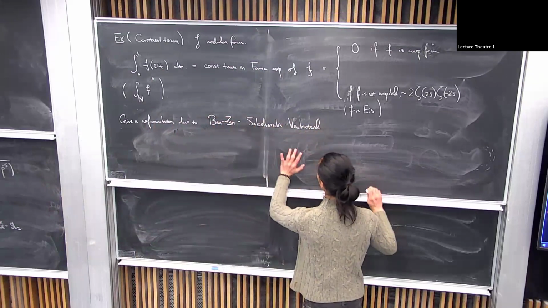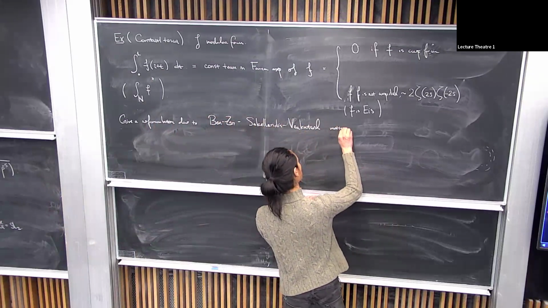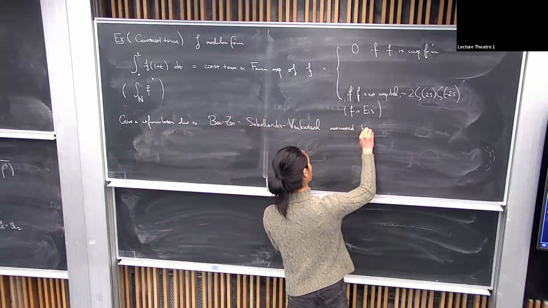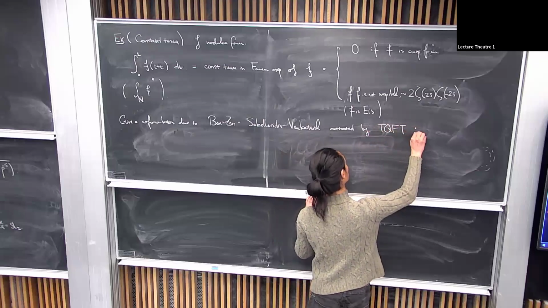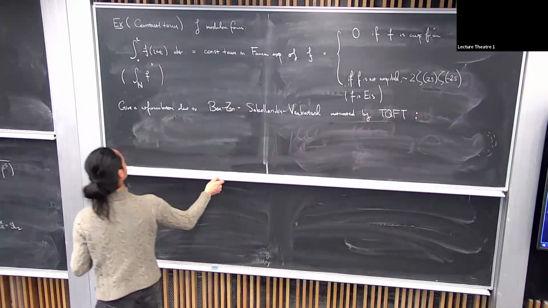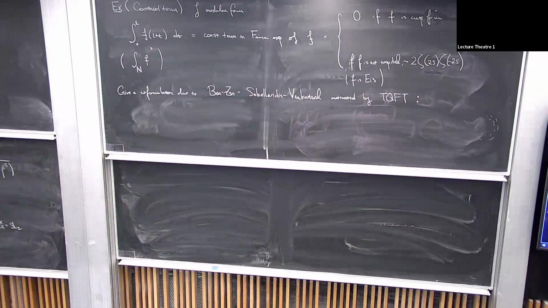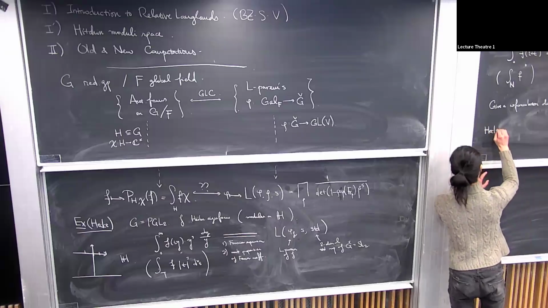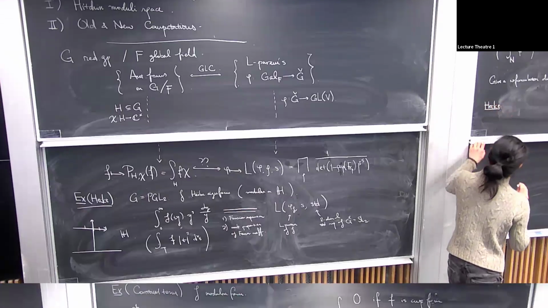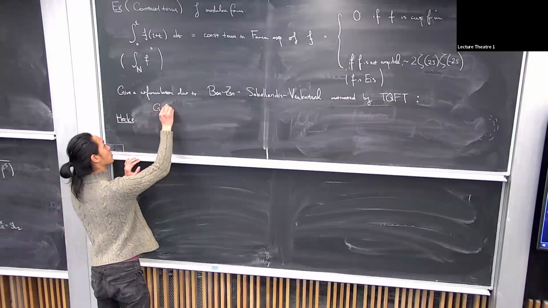So I want to give a reformulation due to them, motivated by TQT. So in the Hecke example, what we want to consider as the starting data is actually, so G is still PGL2.